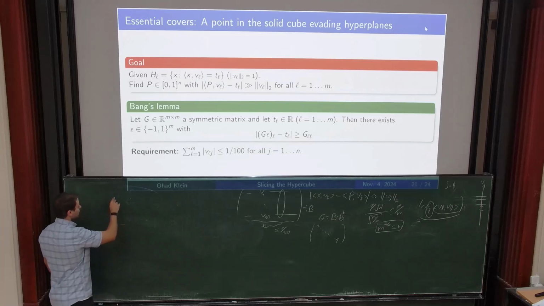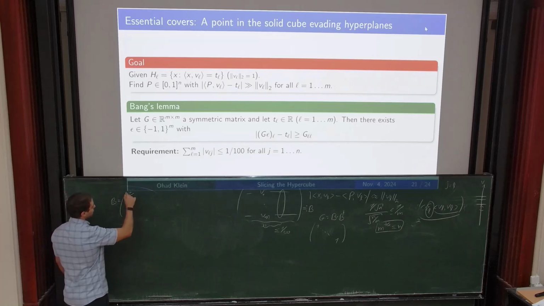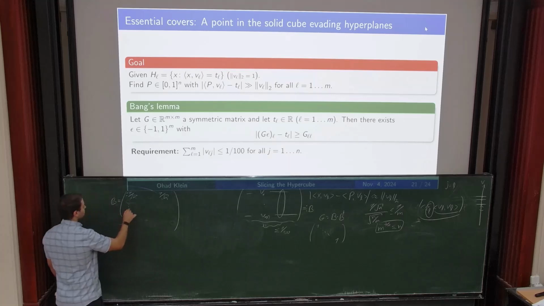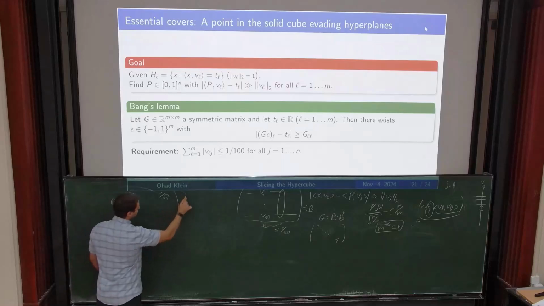So in the general case, our matrix B is going to have all entries being about 1 over square root of n. So everything is 1 over square root of n, and the height of the matrix is going to be n.